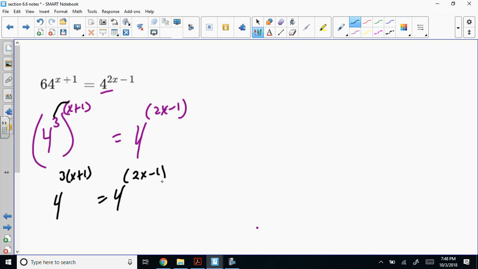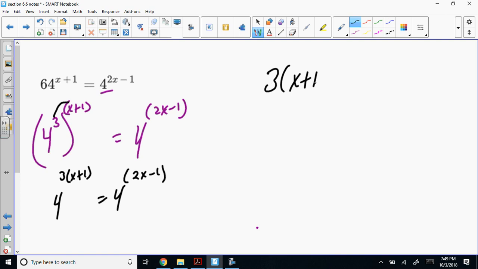Okay. All right. So I rewrite 64 as 4 cubed, right? So that took care of 64, but that 64 is also being raised to x plus 1. So you're going to multiply these, right? So that's why I wrote this 4 raised to 3 times x plus 1. I don't want to go ahead and distribute right away, some of you might, and that's fine. I don't, because there's too much going on. I'd rather distribute when I'm sitting here. Now I've got bases that are the same.